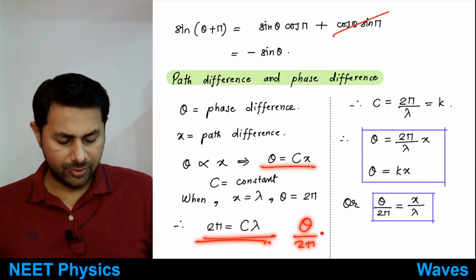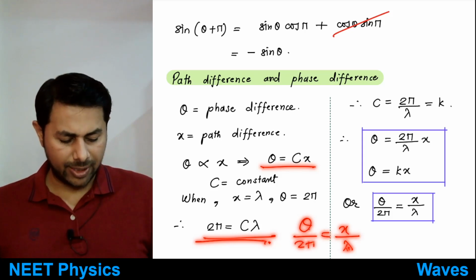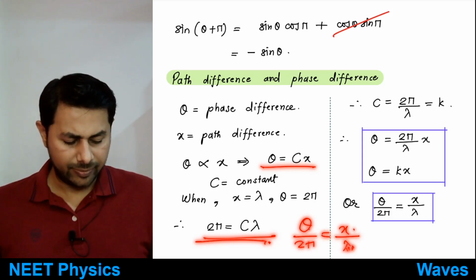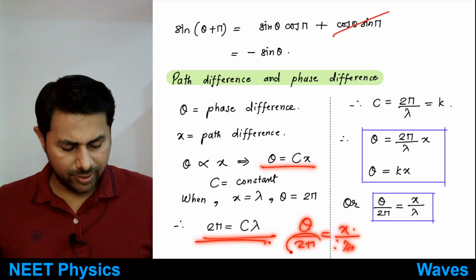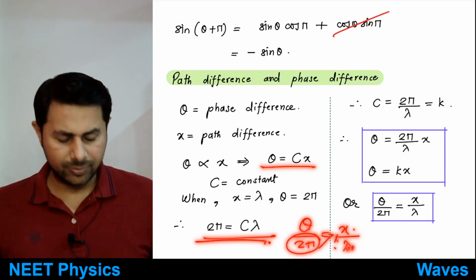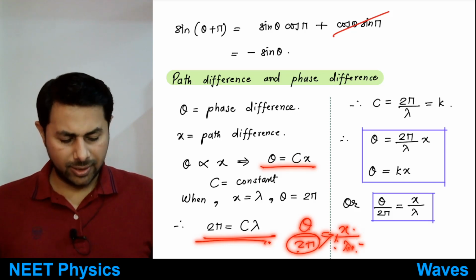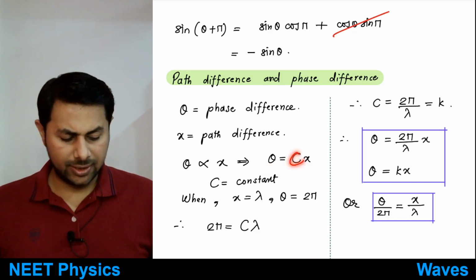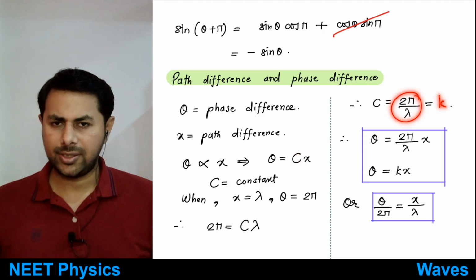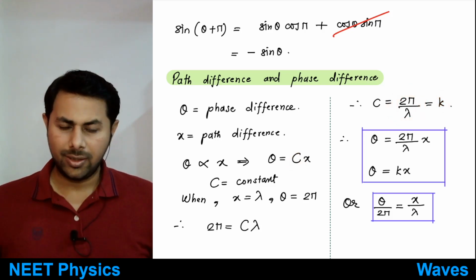Theta by 2 pi would be equal to x by lambda, right? And from there you get theta is equal to 2 pi x by lambda, and that means c is equal to 2 pi by lambda, or it is just k, right?